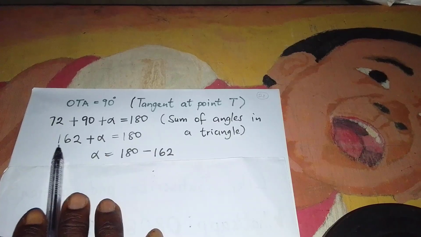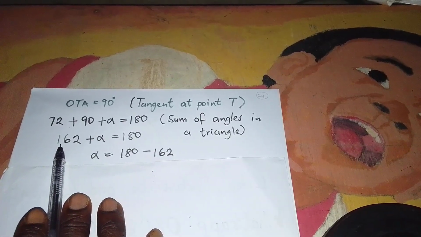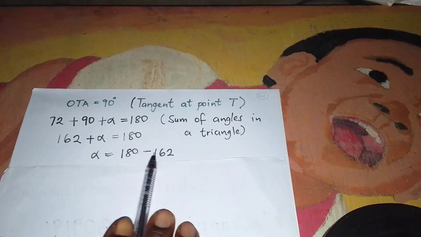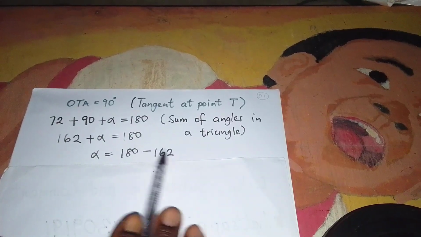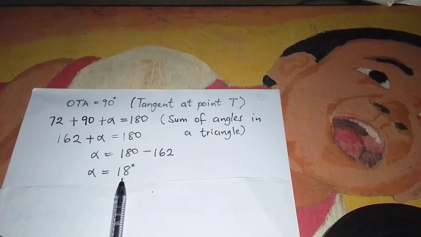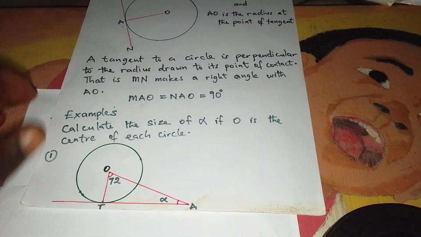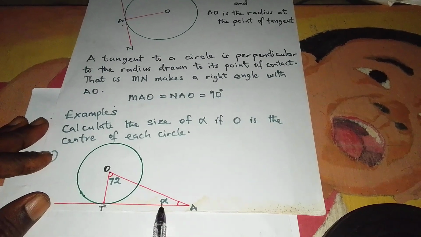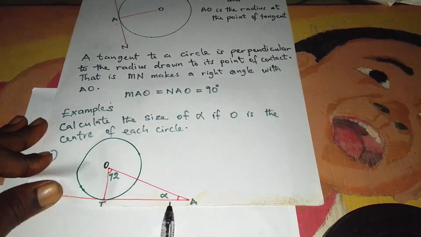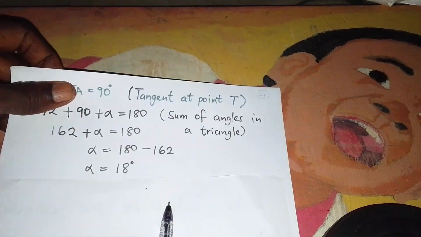Whenever plus 162 crosses the equality sign, it turns to minus 162. 180 minus 162 gives us 18 degrees. So the value of the angle we are told to look for is 18 degrees.